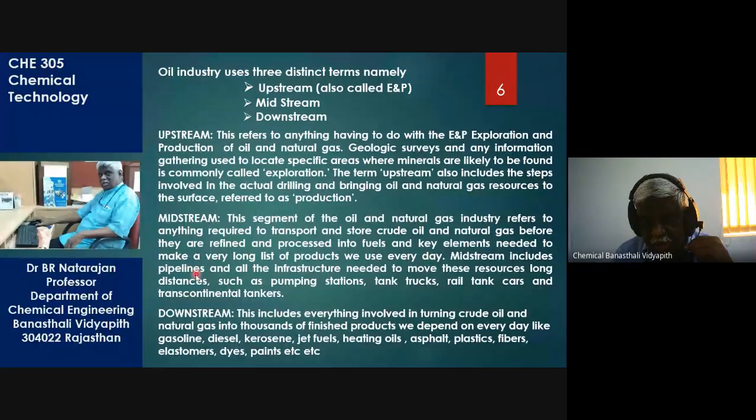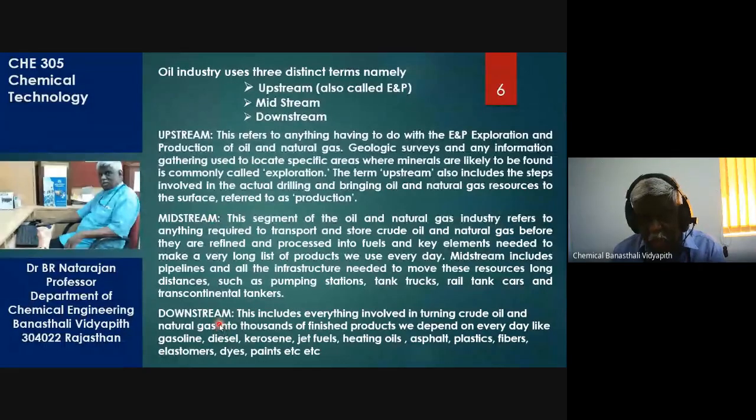Midstream includes pipelines and all the infrastructure required to move these resources long distance: pumping stations, tank trucks, rail tank cars, transcontinental tankers. Remember, oil comes from, say, Mexico to India, right? So transcontinental tankers, super tankers, which come from one country to another carrying thousands of gallons of oil, right? That is all midstream.